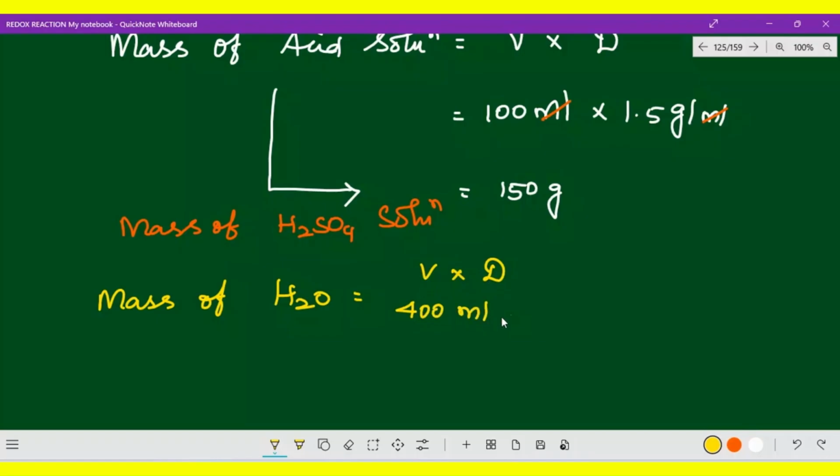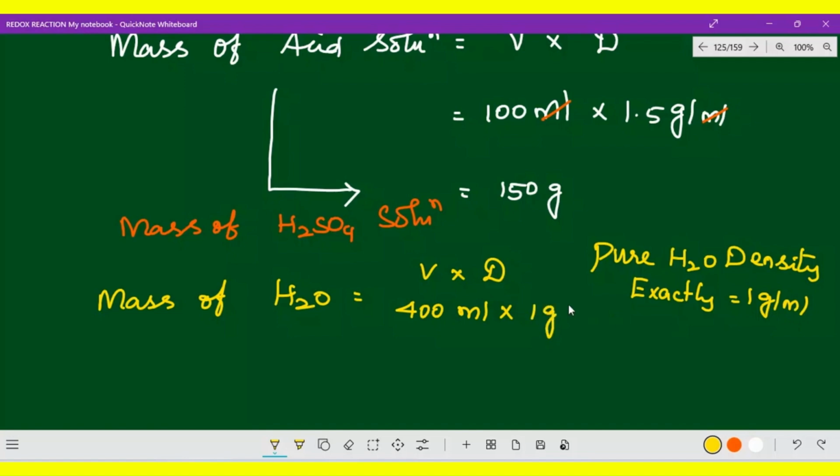In the question it has mentioned the volume of water is 400 ml. And the density of water they did not mention, but generally pure water density is exactly 1 gram per ml, right?